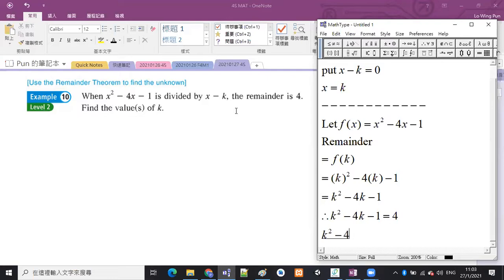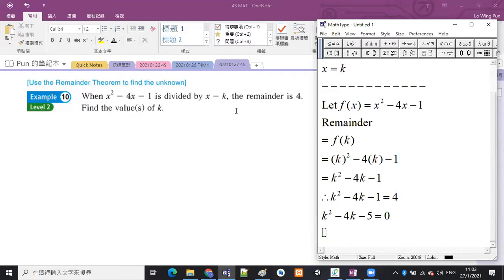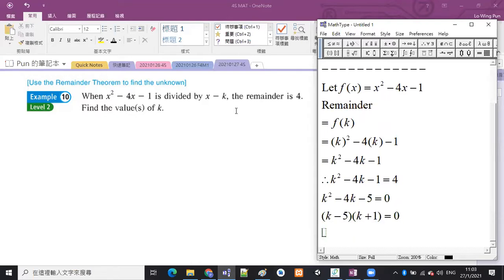So you get a simple quadratic equation where a is 1, b is -4, and c is -5. You may use the calculator to find values of k, or you just use the cross method. So k is 5, or k is equal to -1.